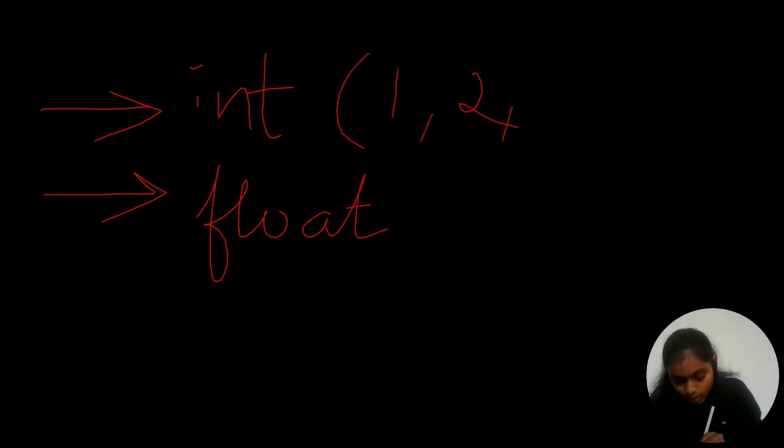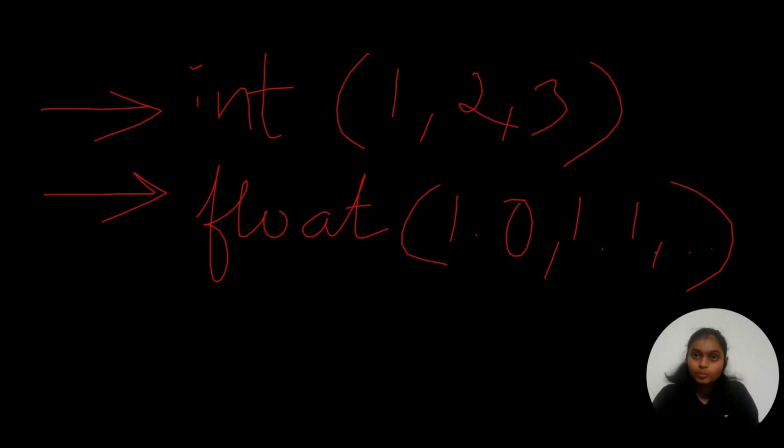And one more important thing which we have to discuss is that we have different types of data types. We have the integer data type, which takes numerical values. We have float. Integer indicates 1, 2, 3 and so on, whereas floating point indicates 1.0, 1.1 and so on.